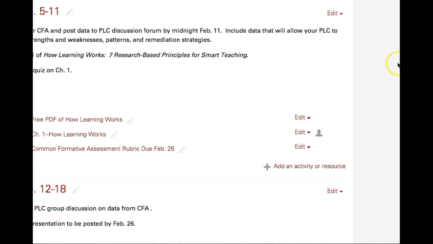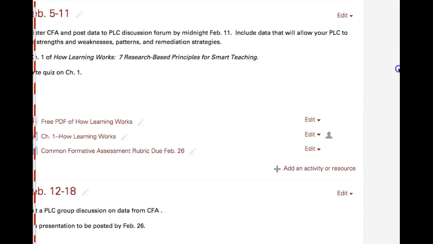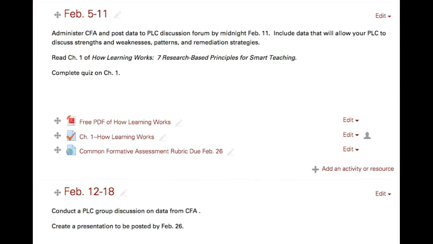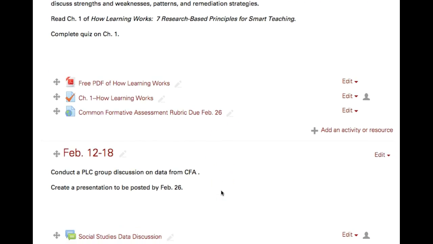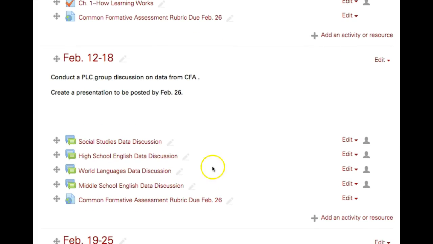So I know some of you are taking this a step at a time, which I encourage you to do. This is pretty heavy stuff, especially when we're looking at bringing students to the highest levels of understanding that we can bring them to. So this week, make sure you have a solid assessment and that it's given to a good number of students, as many as possible, and that you are getting ready to have your group discussions the following week, the week of February 12th.